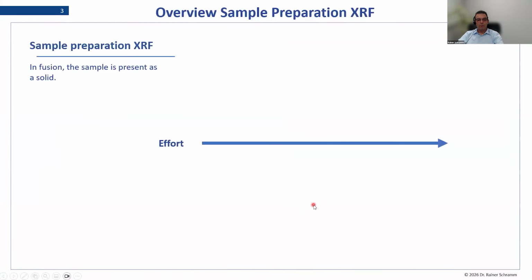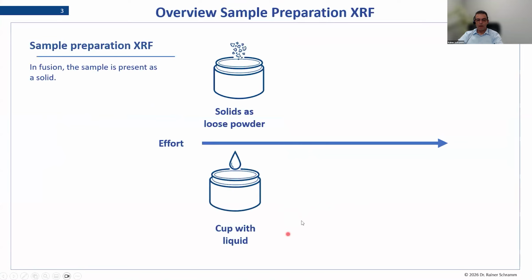So let us start with the basics. Sample preparation for XRF. Just a little overview. We could prepare our solids, for example, in a sample cup as loose powder, or we measure liquids in cups with XRF, or we have a direct sample, a piece of metal or a piece of plastic, that we can directly analyze.